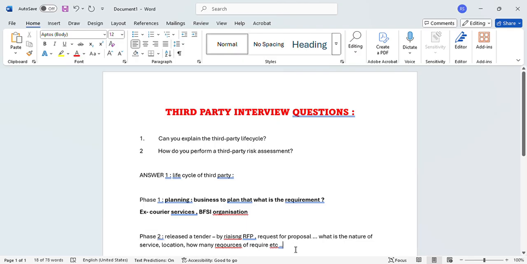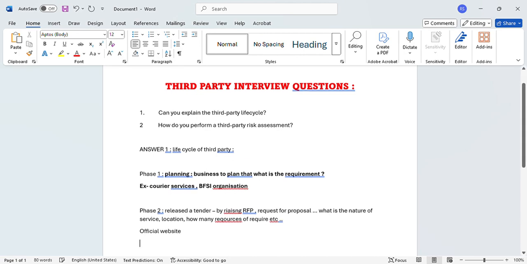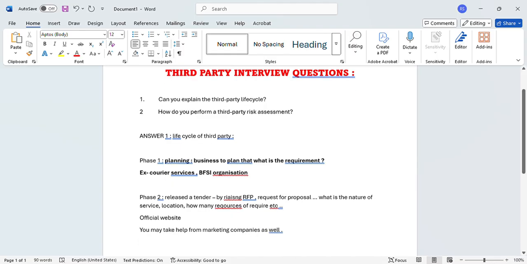After releasing, another question may arise: what are the platforms from where you raise the tender? You can raise the tender on your official website, and you may take help from marketing companies as well, or any business newspaper, and whatever public channels are available.